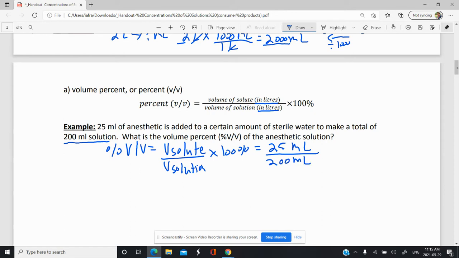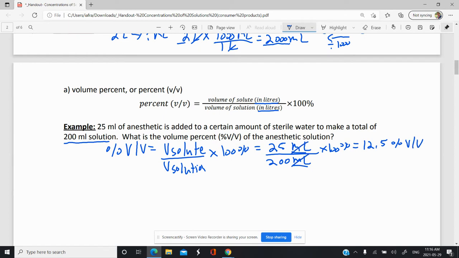Now I know it says liters and liters, but as long as we're consistent here, milliliters and liters, we're okay. Times 100%. And we're going to get, so we have 25 divided by 200 times 100. And we get approximately 12.5% VV. Milliliters are canceled out there.